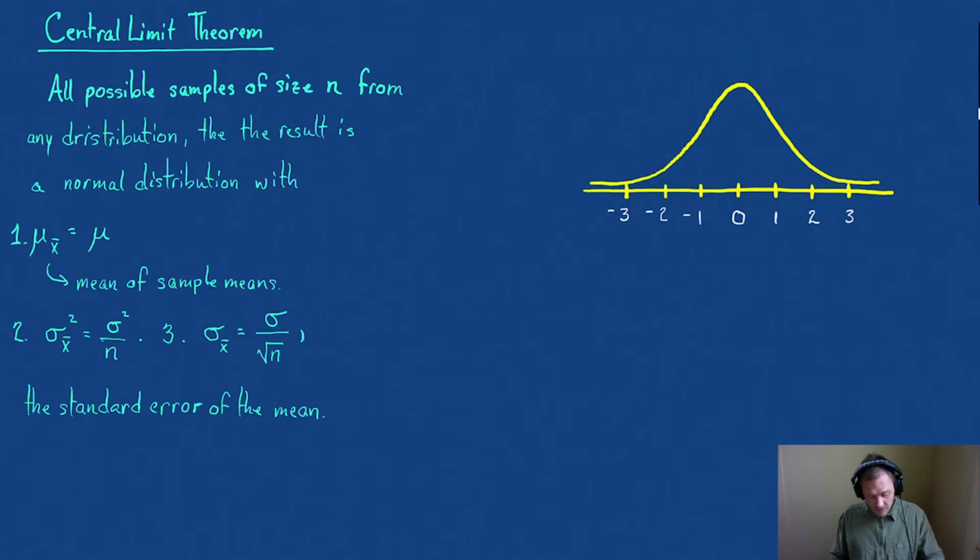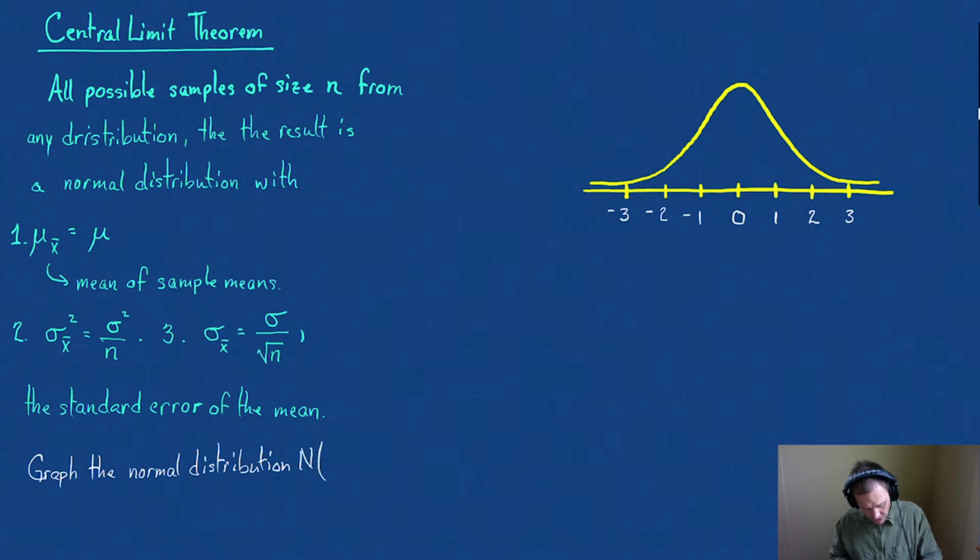So, the next thing is, let's just graph the normal distribution N, which also has a mean of 0 and a standard deviation of 1, and n is equal to 4.